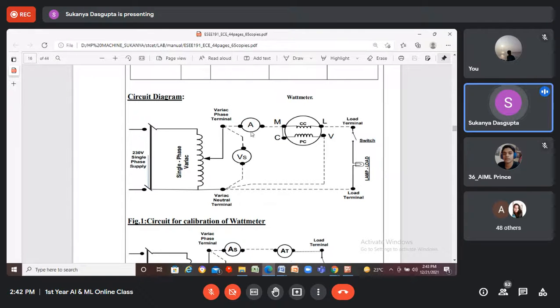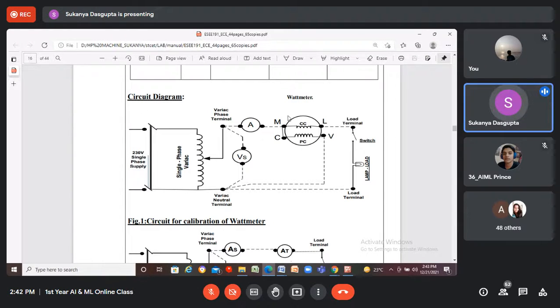The internal resistance of the ammeter is 0. And what is the internal resistance of the voltmeter? Ideally, it is infinity. Practically, it is very, very high. Okay. So because of this, always we connect the ammeter in series with the circuit so that maximum current can flow because the resistance is 0, and always we connect the voltmeter in parallel with the circuit because of its high or infinite resistance.